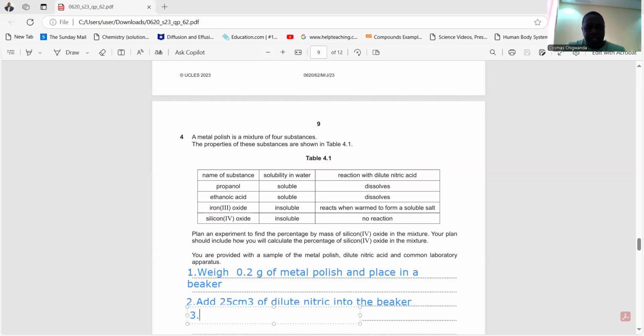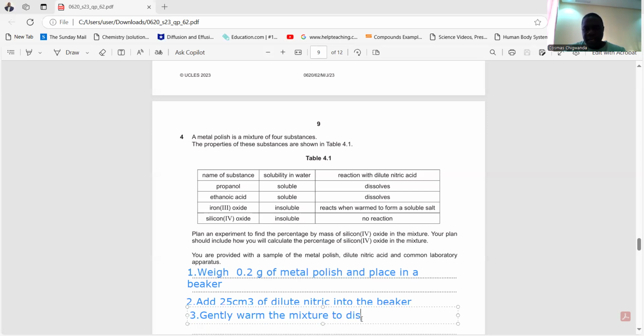Warm, okay? I'll say here, gently warm the mixture to dissolve. Gently warm the mixture to dissolve.